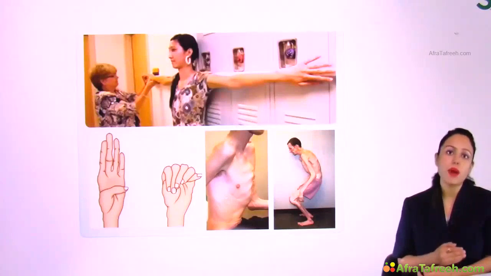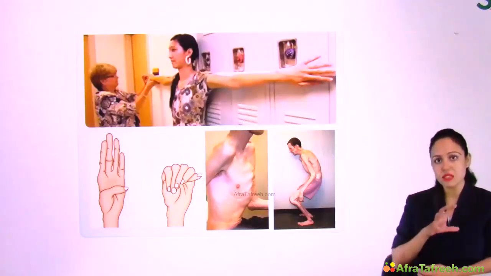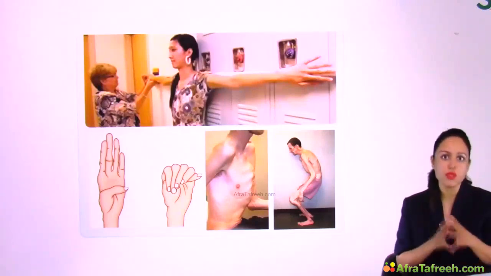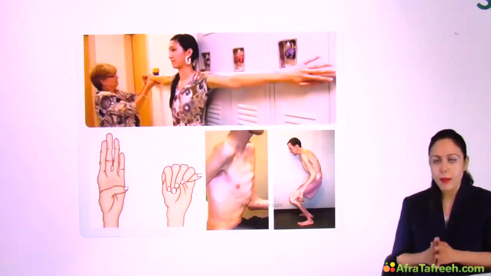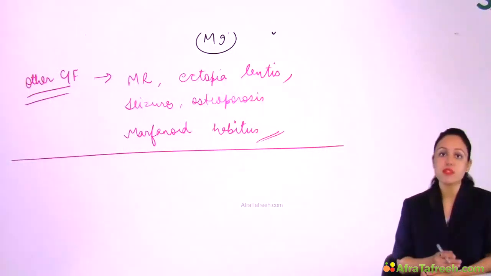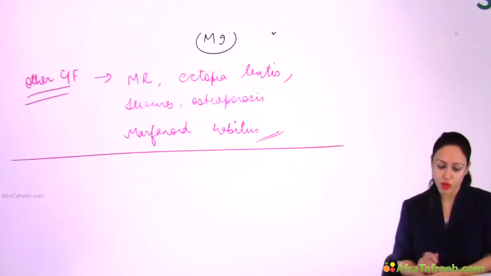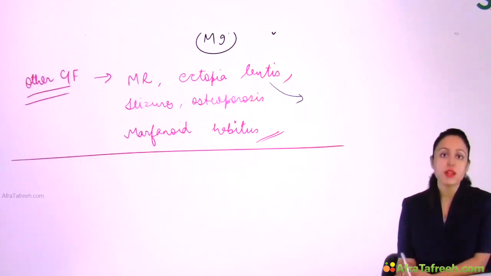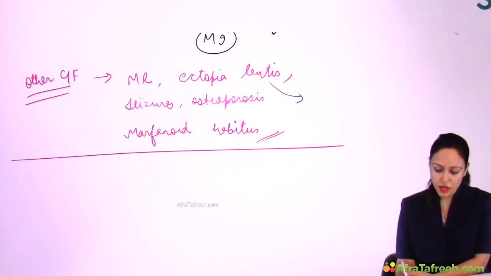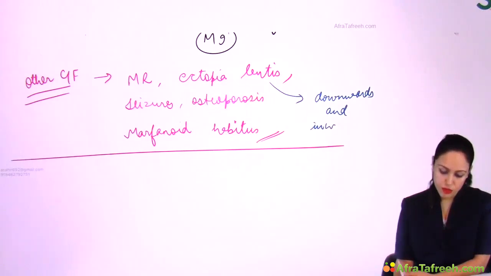Now when I say Marfanoid habitus, means the clinical picture, the features of the patient, is similar to Marfan syndrome, but there's one difference between Marfan syndrome and this Marfanoid habitus of homocystinuria, that in homocystinuria the ectopia lentis which is there is that lens subluxation, that is lens is dislocated downwards and inwards.